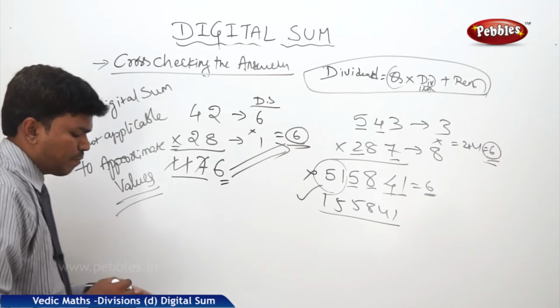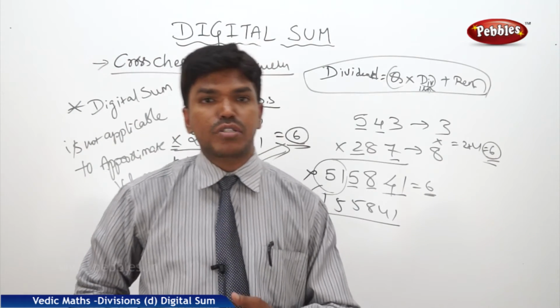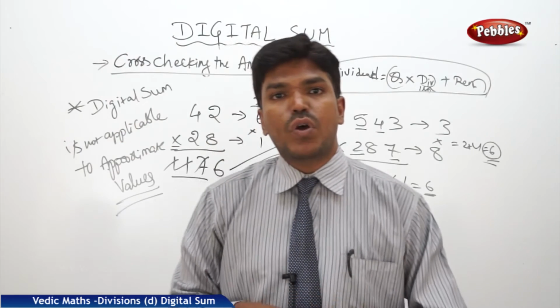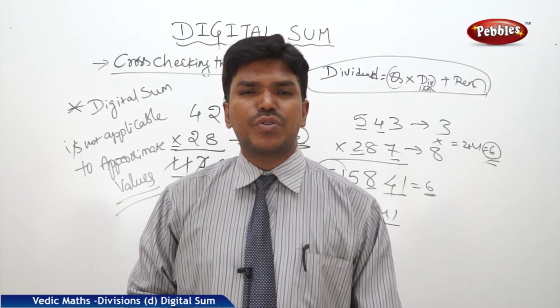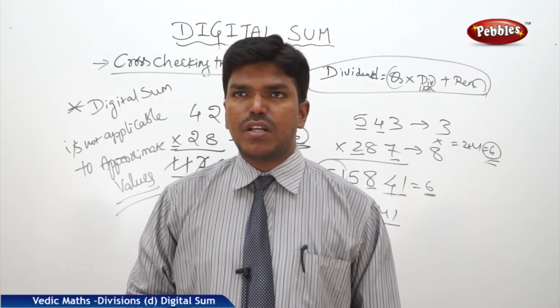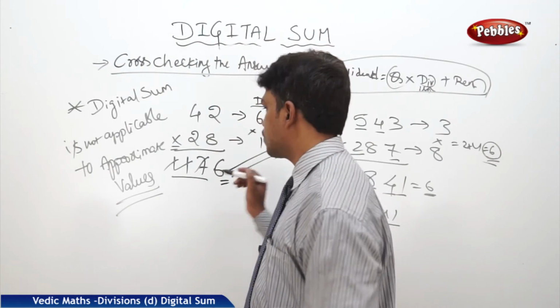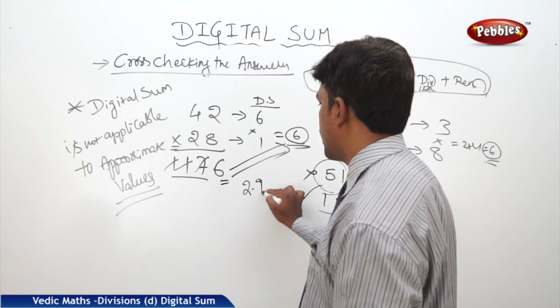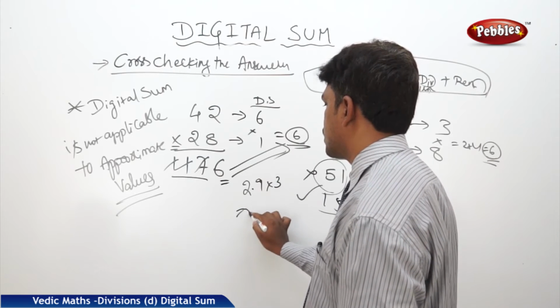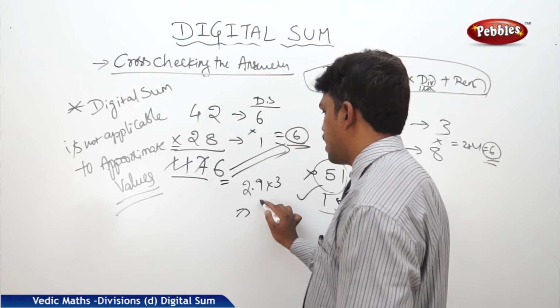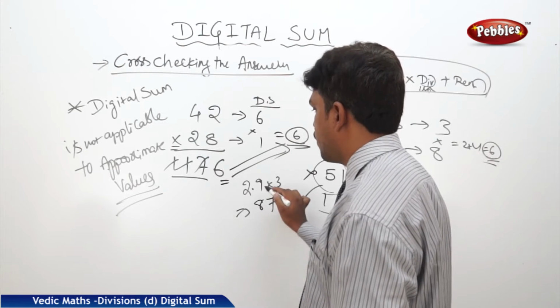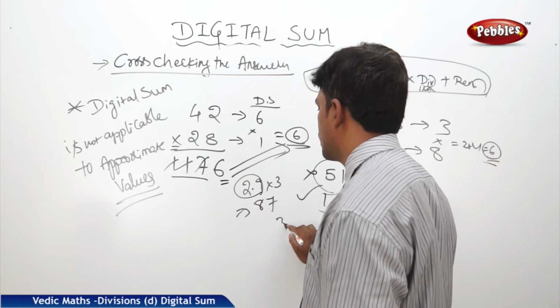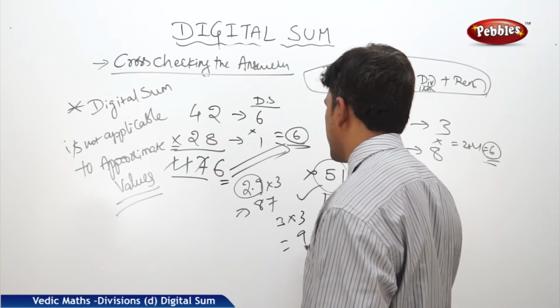This point you need to remember. So whenever you are doing some approximation values and you are going for the digital sum, we cannot assure the answer. Why? Because see, suppose I am doing 2.9 into 3. 2.9 into 3 is 8.7. But if I round up this 2.9 to 3, then 3 into 3 is how much? 9.